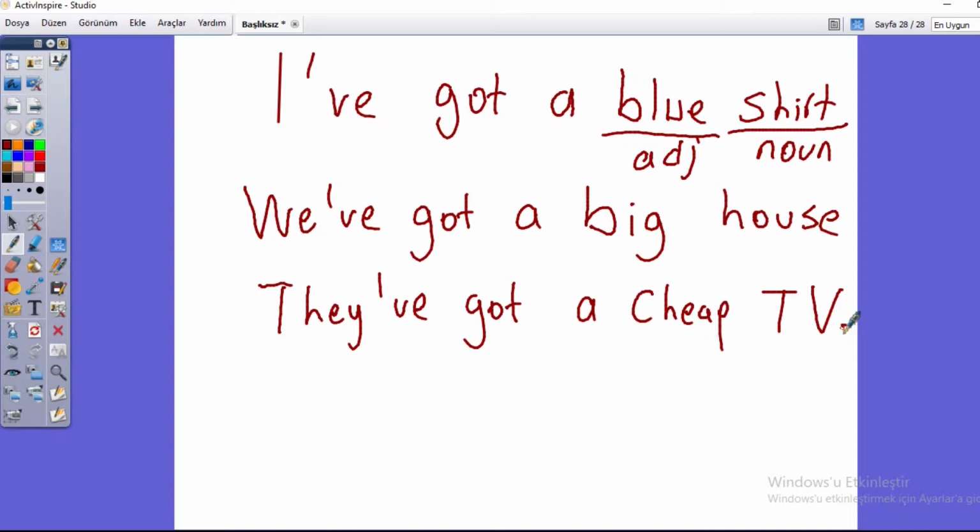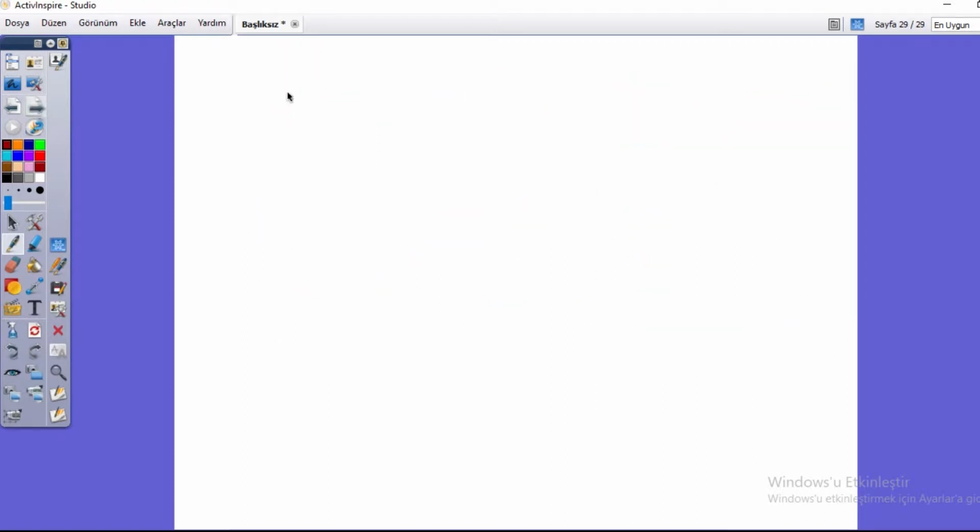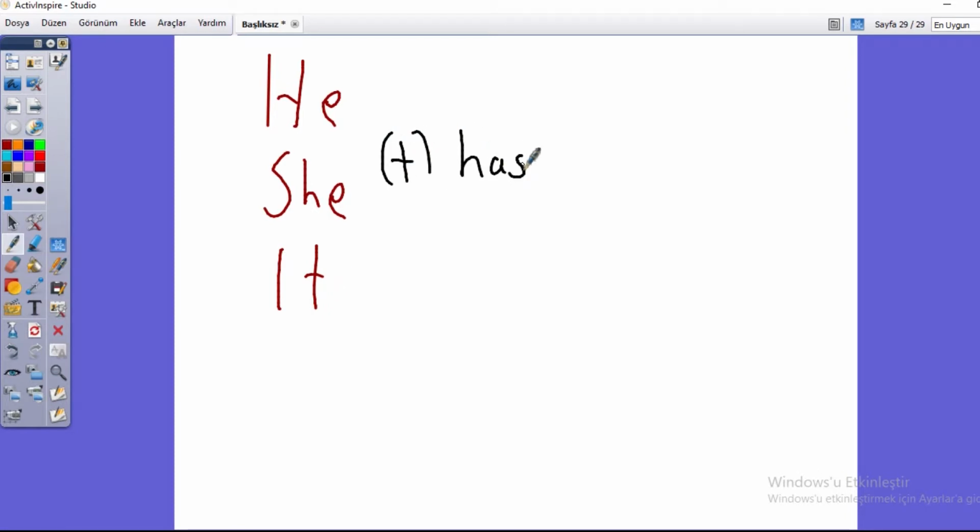And with singular subject pronouns, with he, she, and it, we use has got. Got is optional. You don't have to use it. So he has got, we say he's got.